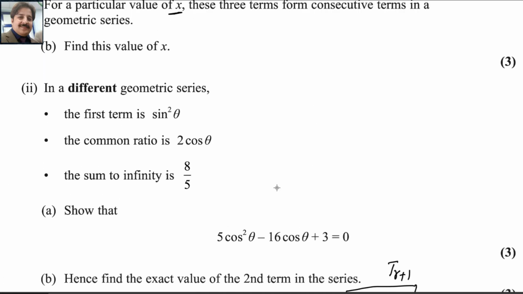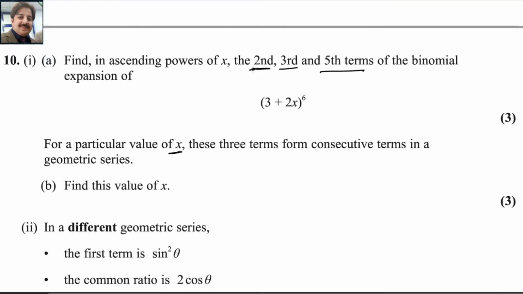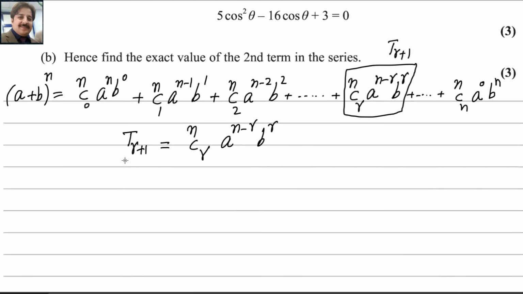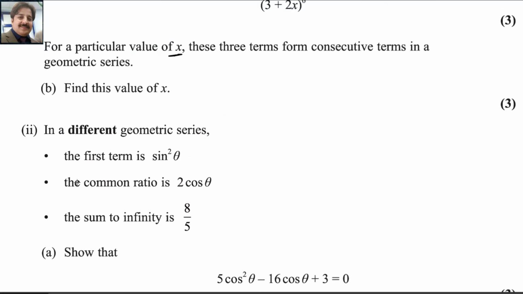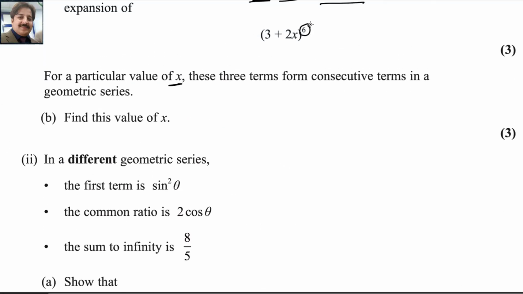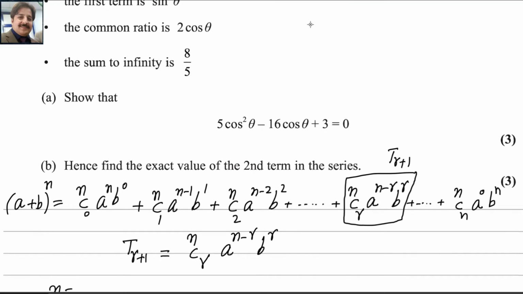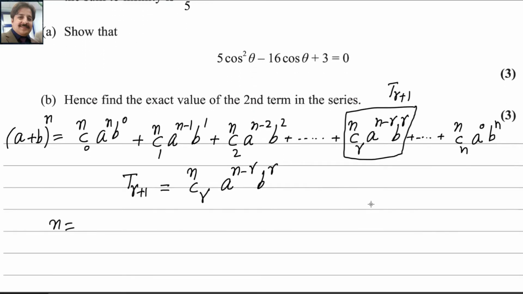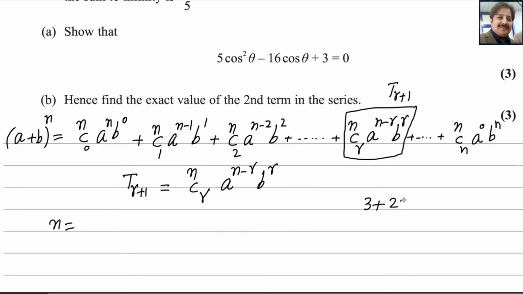If you want to find the second term, then r will be 1 for sure. And n is the highest power in the expansion. Let me write the expansion here: (3 + 2x)^6, so n is 6. Because we want the second term, r will be 1.